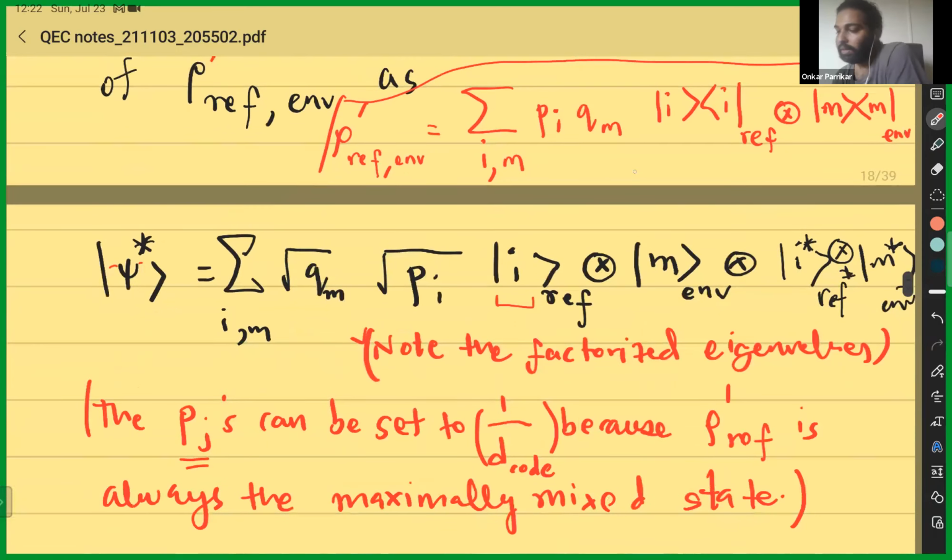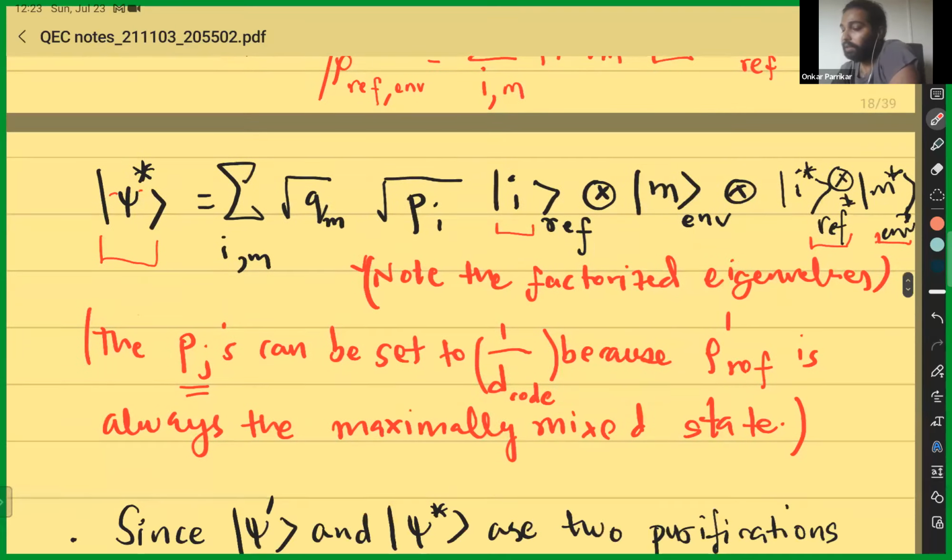Now, once I know that, I can write a purification for this density matrix rho prime, which I'm going to call psi star. What psi star is, is like the thermofield double construction. You take the density matrix and write it as a pure state on the doubled Hilbert space. Take these I's and copy them onto a new system, which I'm calling reference star, the double version of the reference, and the environment gets its own double copy, the environment star.